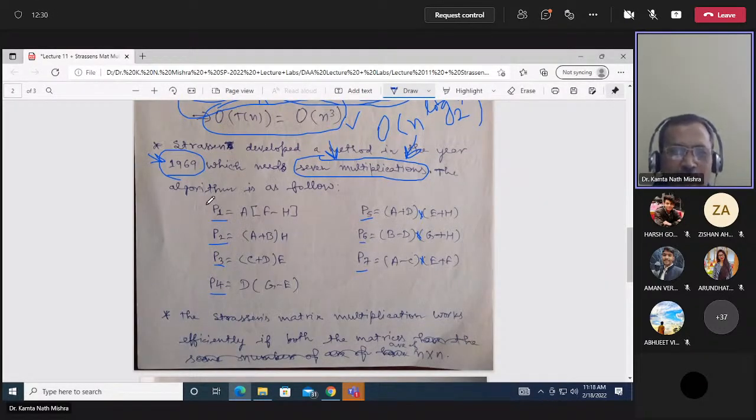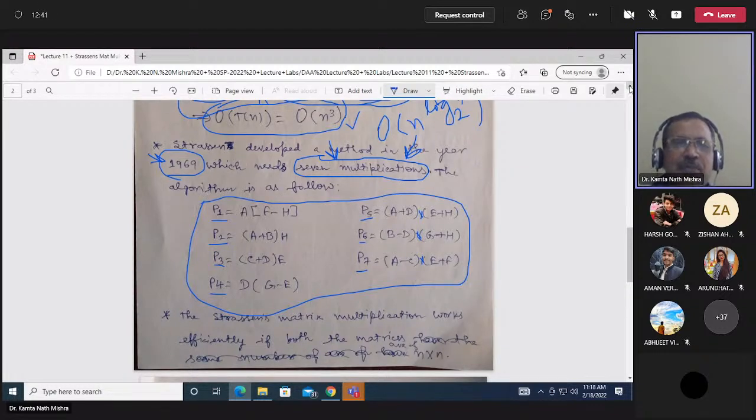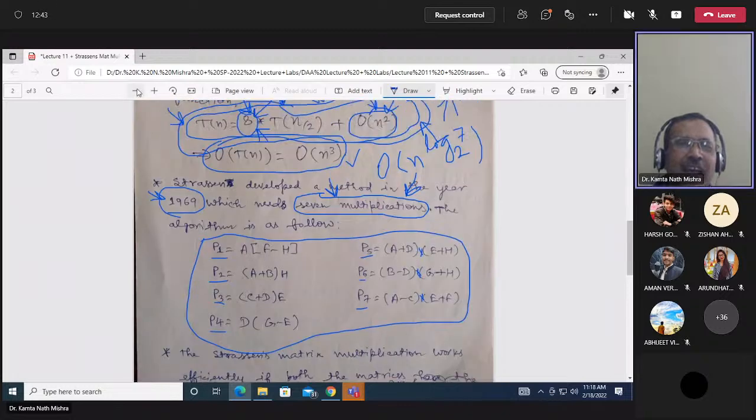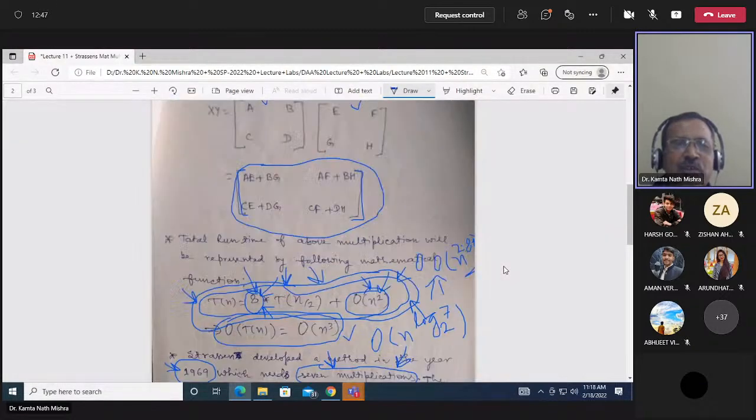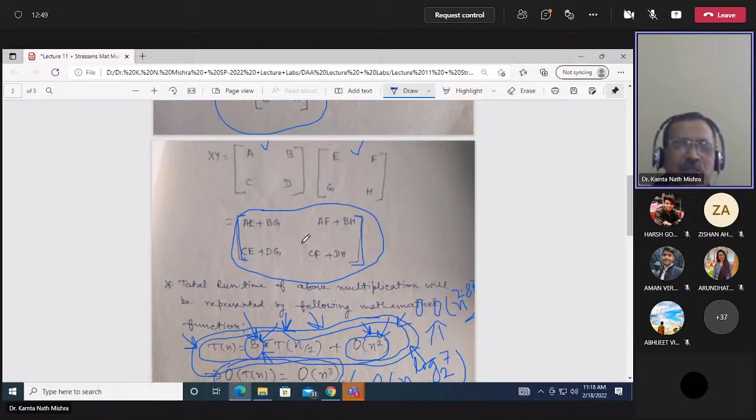So now with the help of these from P1 to P7, what you need to compute? You have to use P1 to P7 and you need to compute first this one. Tell me this first: how can you get AF plus BH?